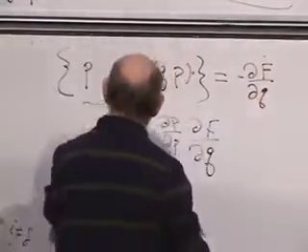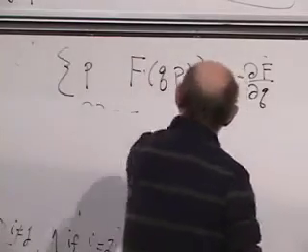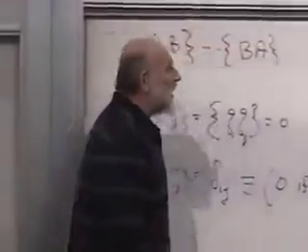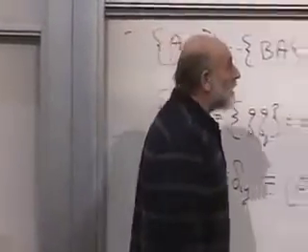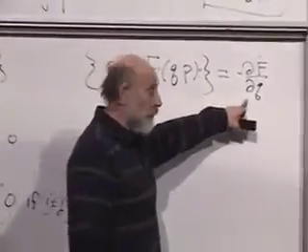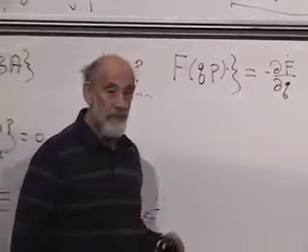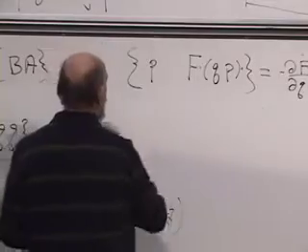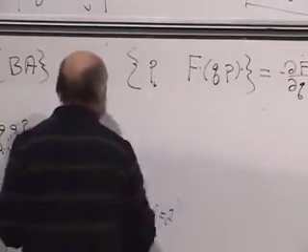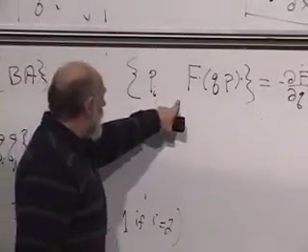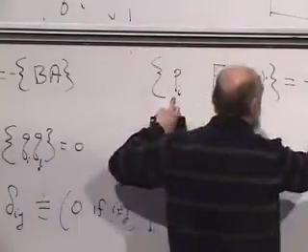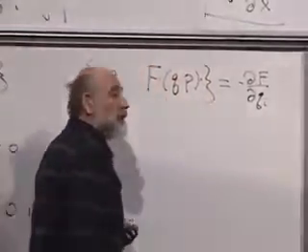In other words, the rule: taking the Poisson bracket of an arbitrary function with respect to P is the same as taking its derivative with respect to Q, with the minus sign. If we wanted to do this with many variables, the Poisson bracket of a function with P sub i gives you minus the derivative of the function with respect to Q sub i.